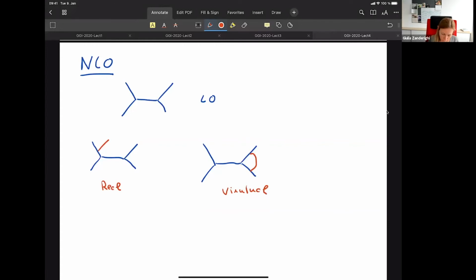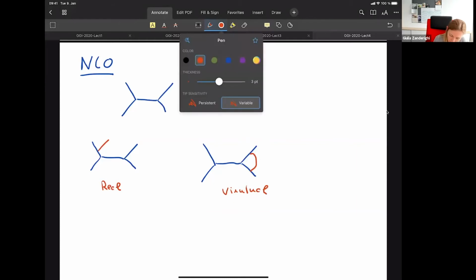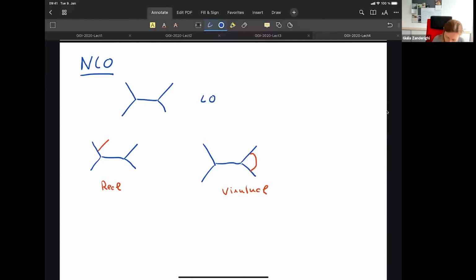And I already told you that essentially these divergences are regulated with dimensional regularization. This really means that you take an integral that has the form d^4l over (2π)^4, and you regularize divergences by changing the dimension to d^dl over (2π)^d, where d by convention is 4 minus 2 epsilon.